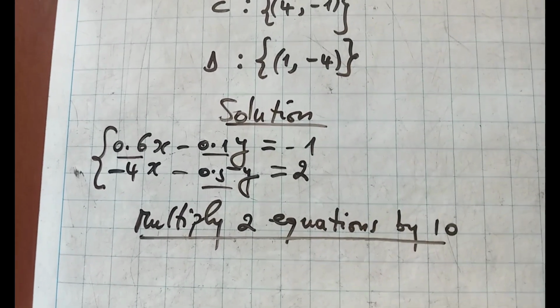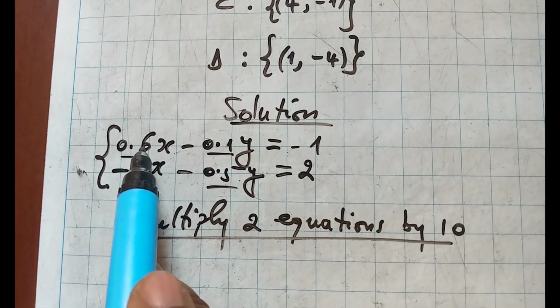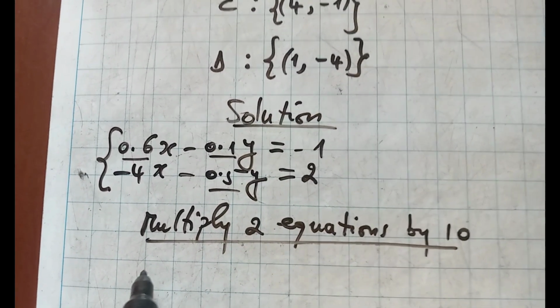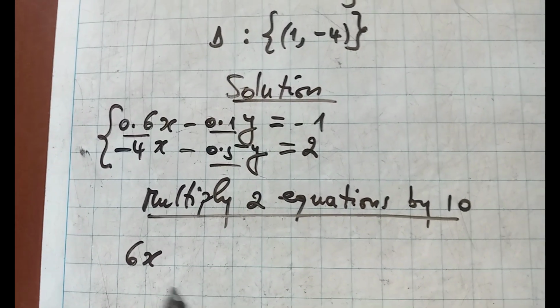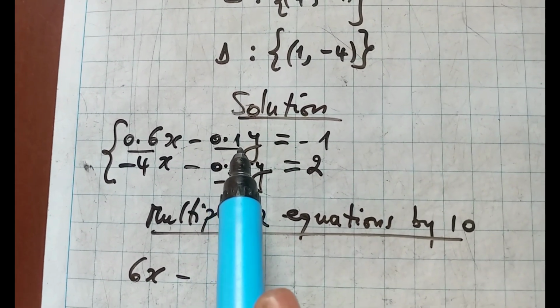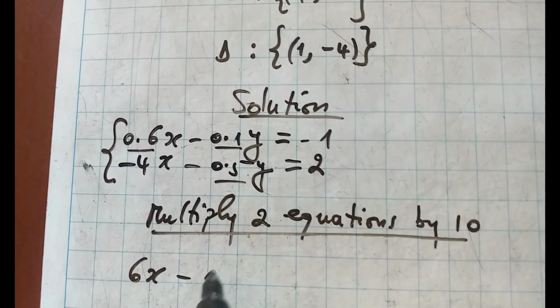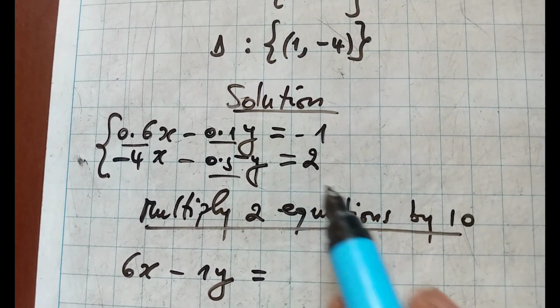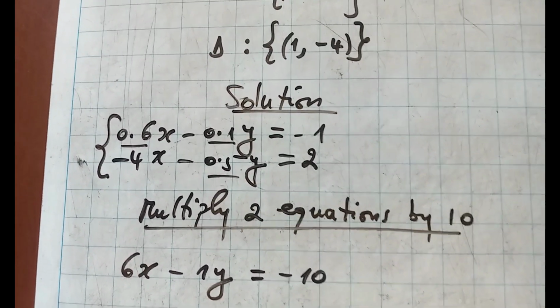So here we have 0.6 times 10 will be 6x, minus 0.1 times 10 will be 1y here, which is equal to negative 1 times 10, which is equal to negative 10.